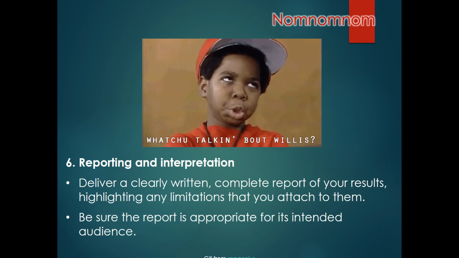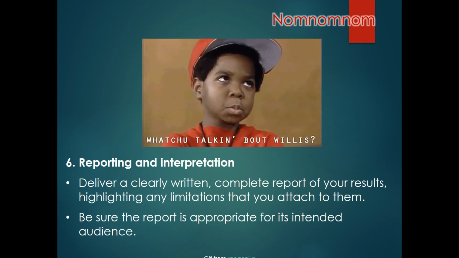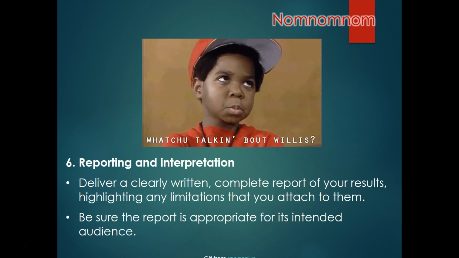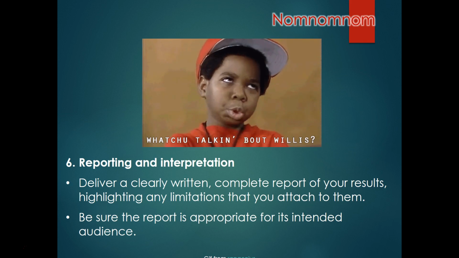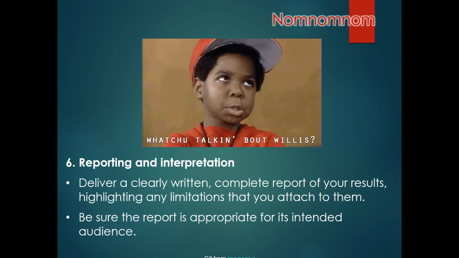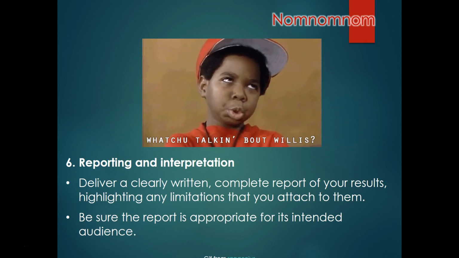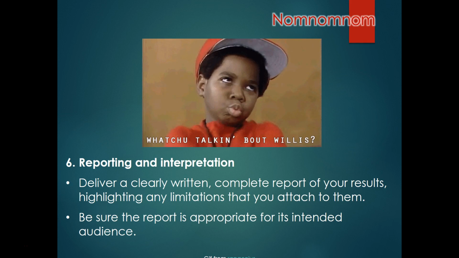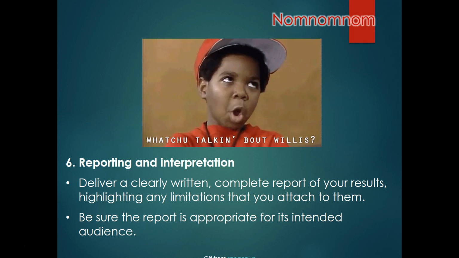Oftentimes, you'll be writing a couple of different versions for the same set of analysis. So you might be writing one thing to another expert to maybe have them review your work, or for a journal article. So that would be a very different communication than, say, one that you would release to your local representative who wants to know your research because he's voted to increase NSF funding.